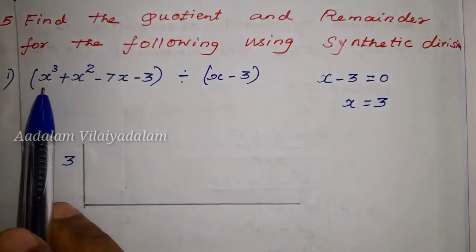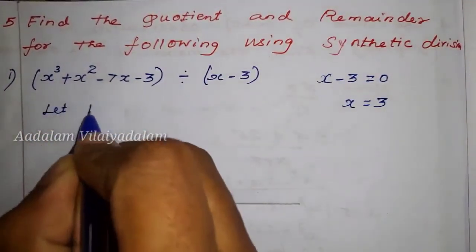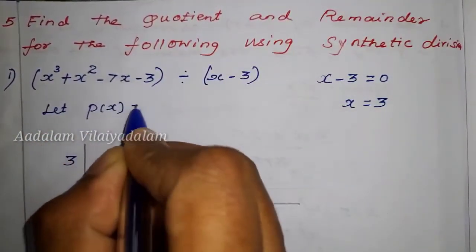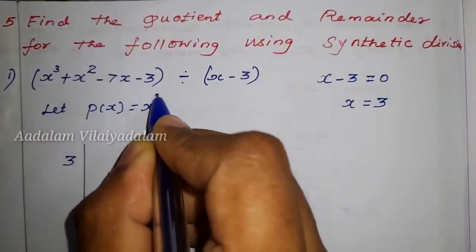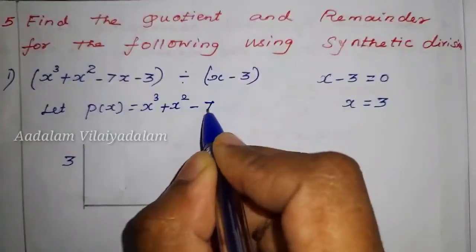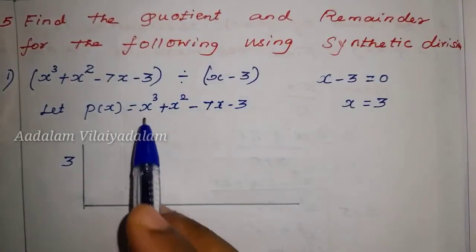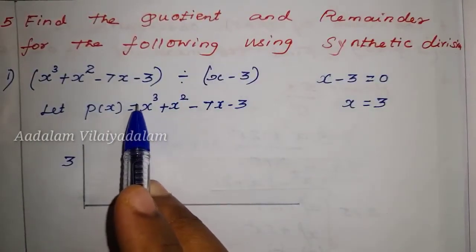Now write the coefficient of, let we take p of x is equal to x cube plus x square minus 7x minus 3. Now write the coefficient only. So the coefficient of x cube, the answer is 1.